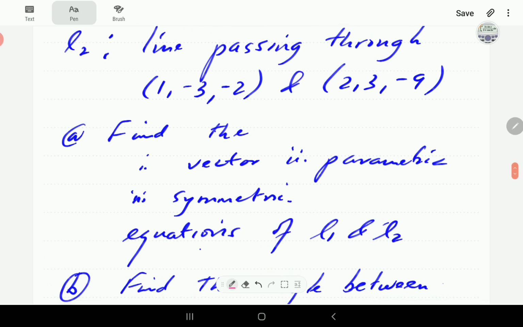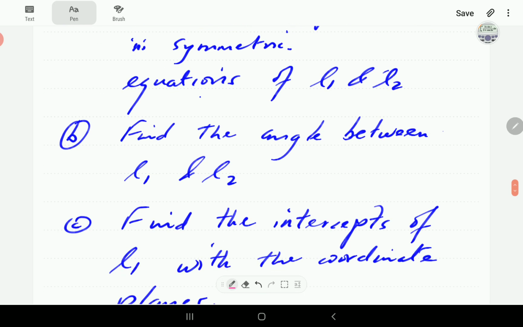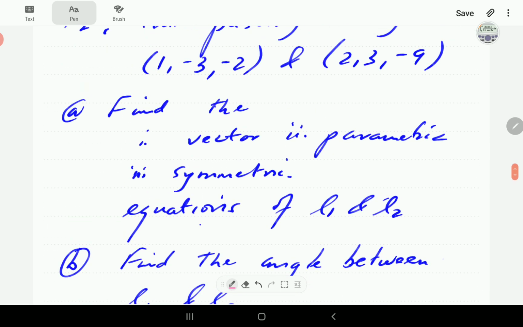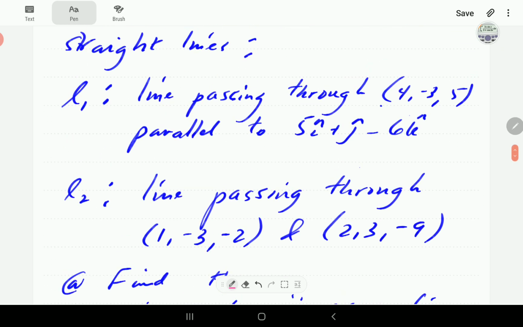In part A, we want to find the vector, the parametric, and the symmetric form of each of these. In part B, we want to find the angle between L1 and L2. In part C, we want to find the intercepts of L1 with the coordinate planes. Okay, so let's see how this works out.